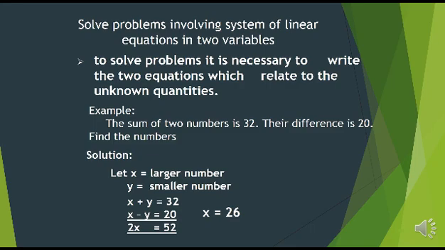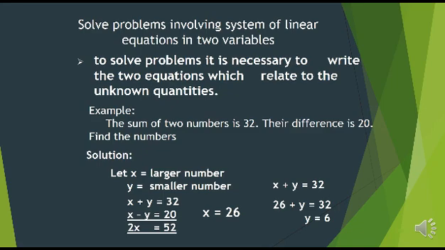Since we now have the value of x, we're going to find the value of y. So we have the first equation. What is the value of y? To solve for y, we substitute the value of x into the first equation, x plus y equals 32. So the value of x is 26 plus y equals 32.